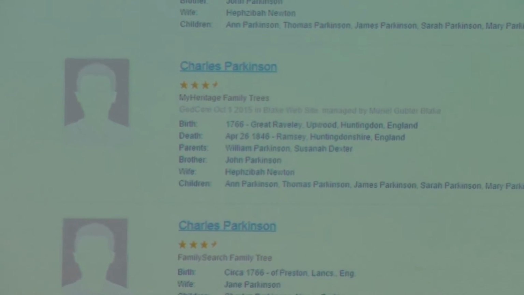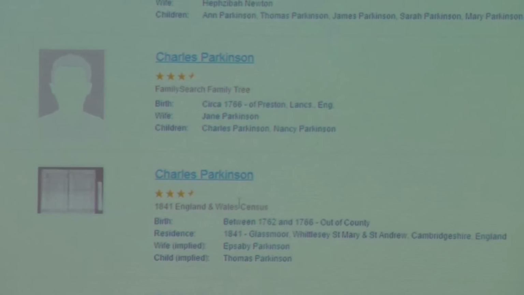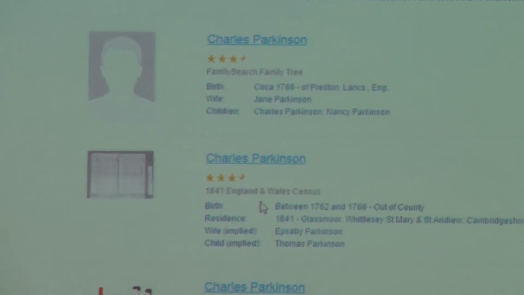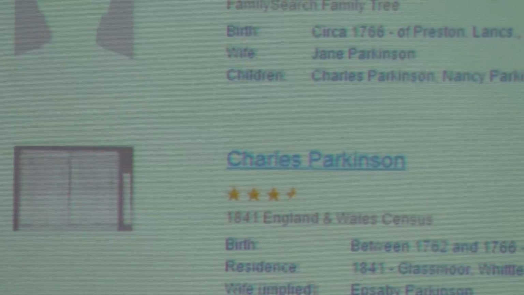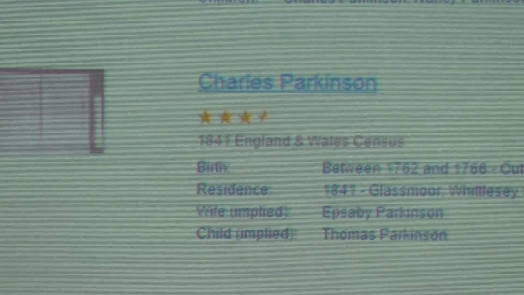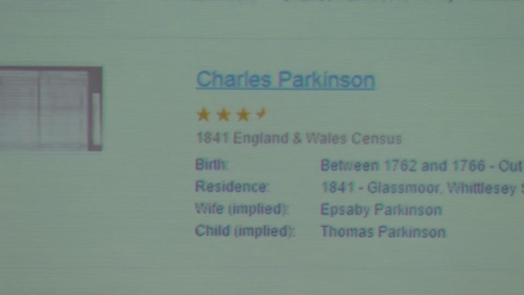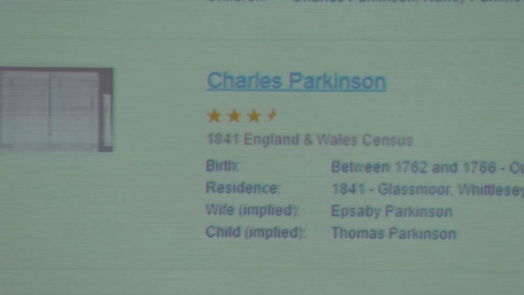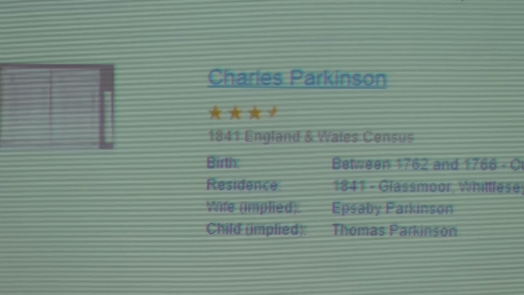entry. And then we have Charles Parkinson here, and this is the 1841 census record showing Epsody Parkinson that I found. Now, what I've discovered, of course, as I've gone doing more research, is that any one of these programs could have shown me that 1841 census.